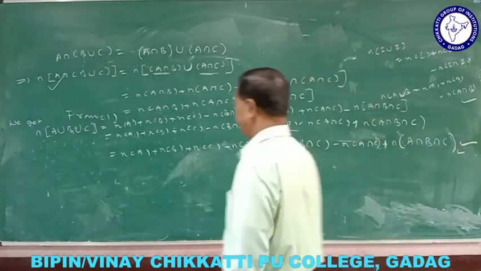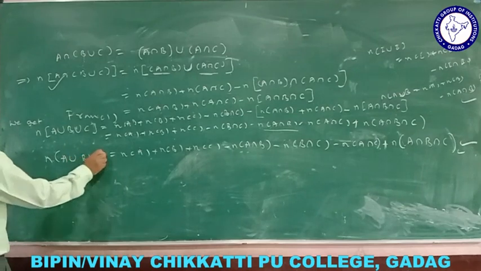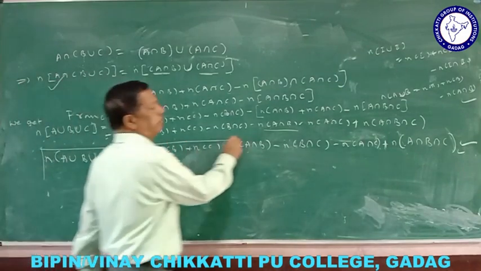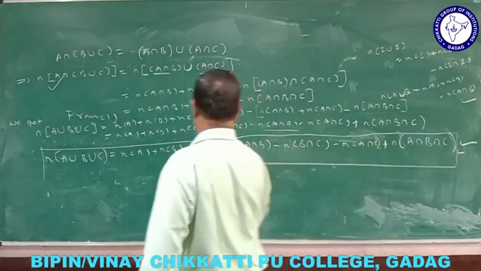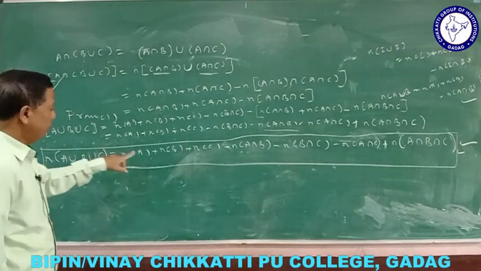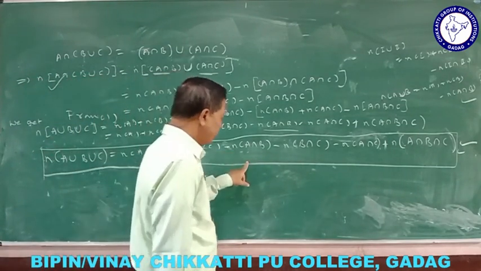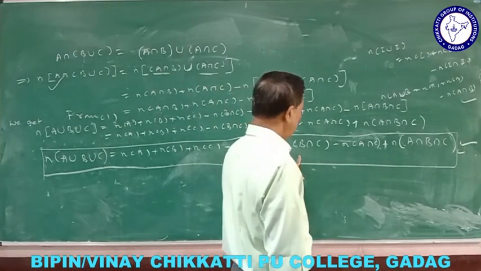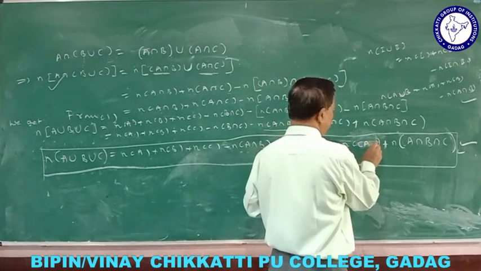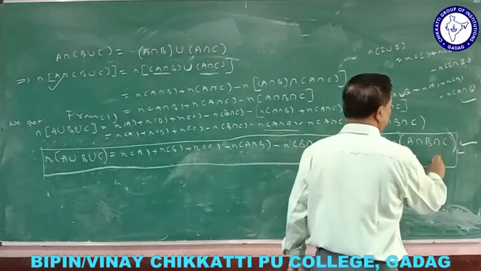So this is the final result. Make it clear that n of A union B union C is equal to n of A plus n of B plus n of C minus n of A intersection B minus n of B intersection C minus n of A intersection C, or C intersection A for convenience sake, plus n of A intersection B intersection C. So this is the result.